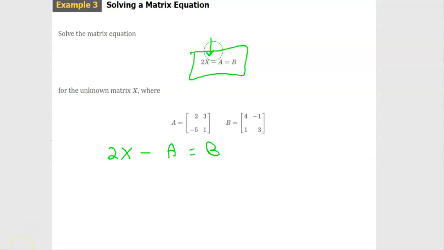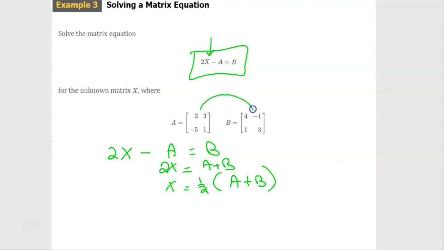You can fill it in right now, or it's easier if you do the algebra part first. So if I had 2x equals A plus B, or if you think of it this way, x equals 1/2 of A plus B. So I'm going to add matrices A and B together. They are the same size, so I'm going to literally just add each entry together.